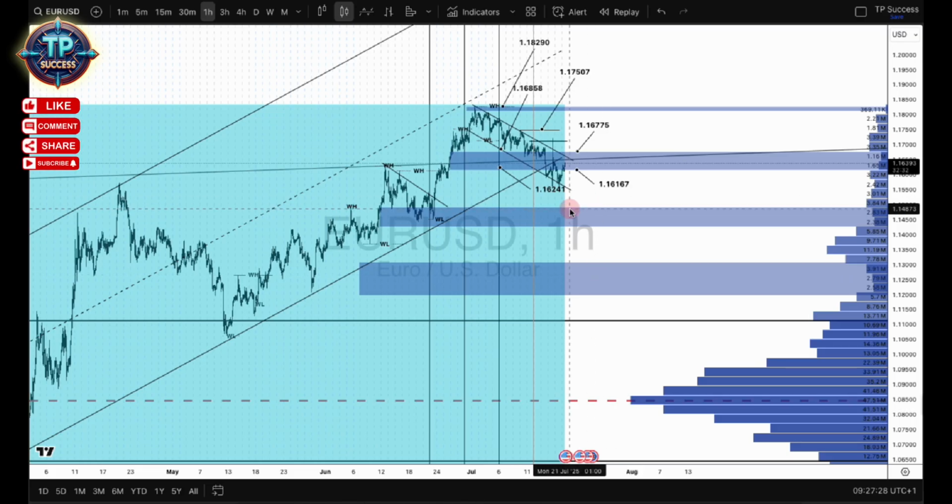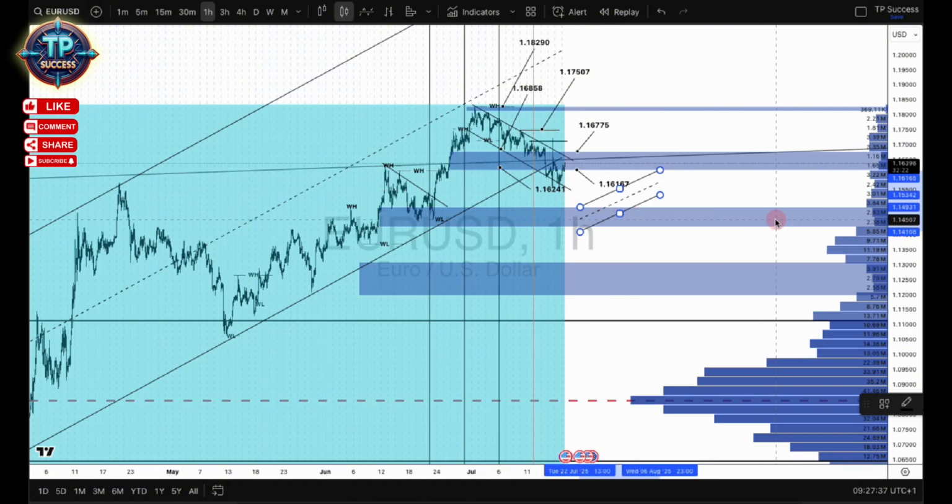Once it has come all the way down to this low volume node area, it begins to produce this structure, zigzagging all the way up into this area to tap back into this low volume node. At that point, it's a no-brainer, it is coming down, and that is what I'm thinking we're going to get from market in the coming days.